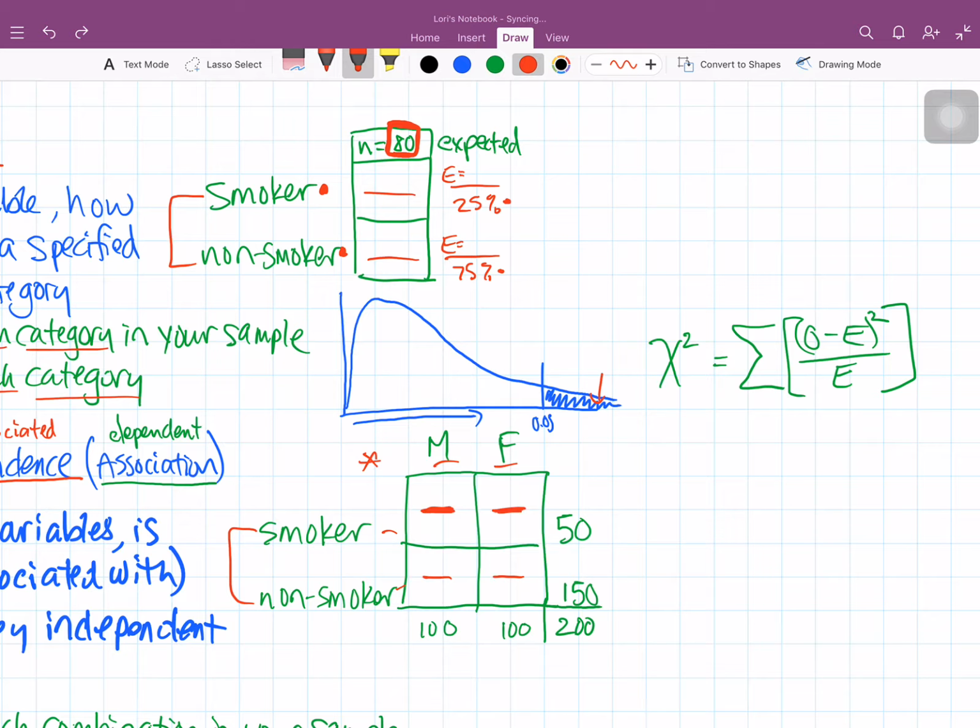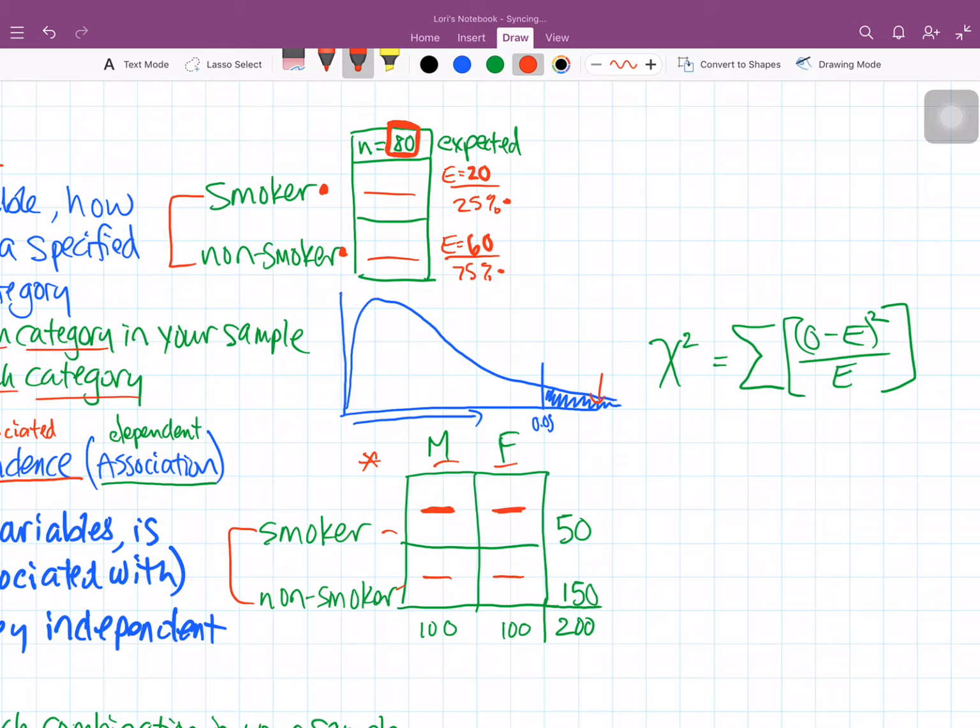Literally the way you calculate expected is you take 25% of 80, which is 20. This is not more complicated than it looks. If you guessed that the expected number was 20, you were absolutely correct. And then the other 60, because the total is 80, 75% of 80 is 60, and so that's our expected count.